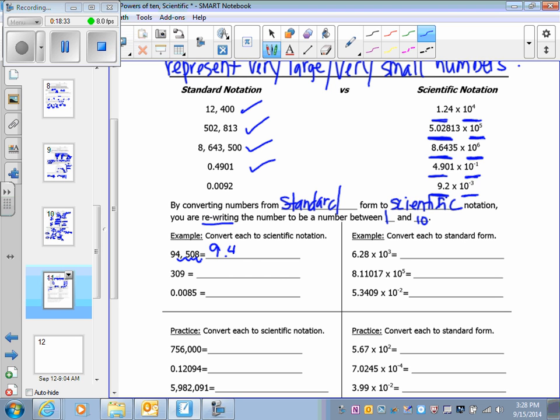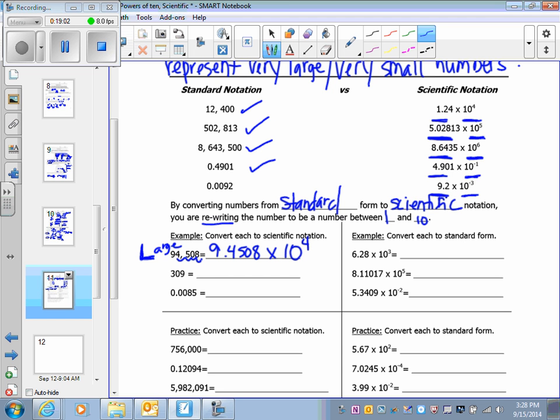So now I have 9.4508 times 10 to the, okay, so 9.4508 is between 1 and 10, and I moved 1, 2, 3, 4 times. And it's going to be a positive 4. The reason why it's a positive 4 is because the number I started with is large, okay? Our positive numbers are to the right. They are bigger than our negative numbers, okay?